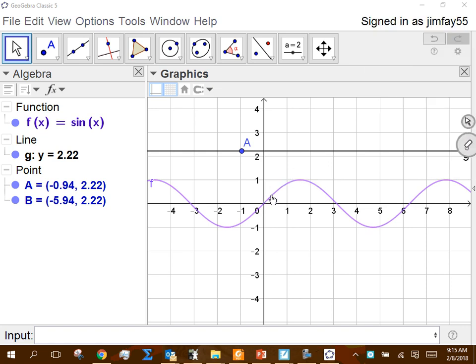Or if we're decreasing and then start increasing, we fail the horizontal line test, right? So I want to look at a set of x values that this thing is only increasing on, and I probably want to choose them close to 0, 0. It just makes it easier if we're looking around the origin here.